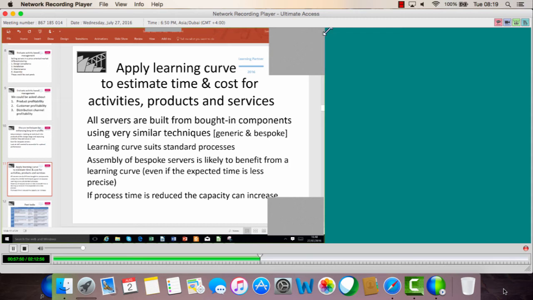And then in relation to the pre-seen, we've got this point here which says if the process time is reduced, the capacity can increase. I've sort of homed in on this in previous classes, and I think it's well worth me homing in again on one of the early pages.